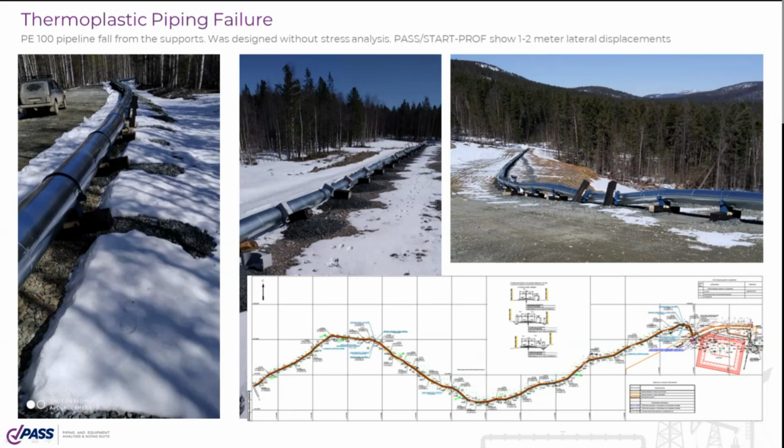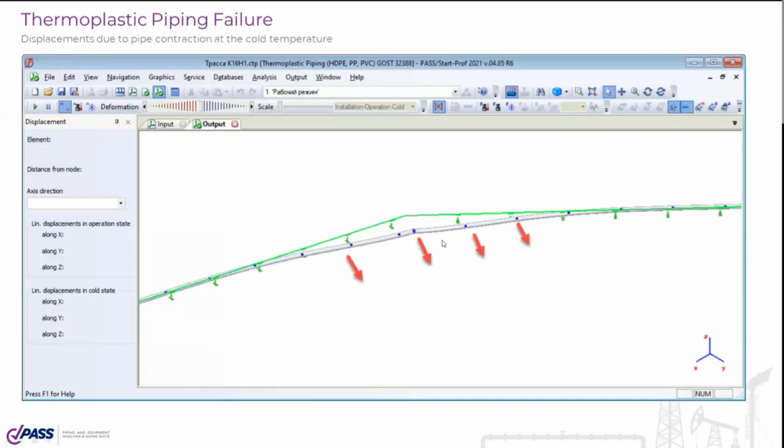We determined from the stress analysis that the displacements at the areas where the pipe turns, where there is a bend, in the lateral direction are very huge.